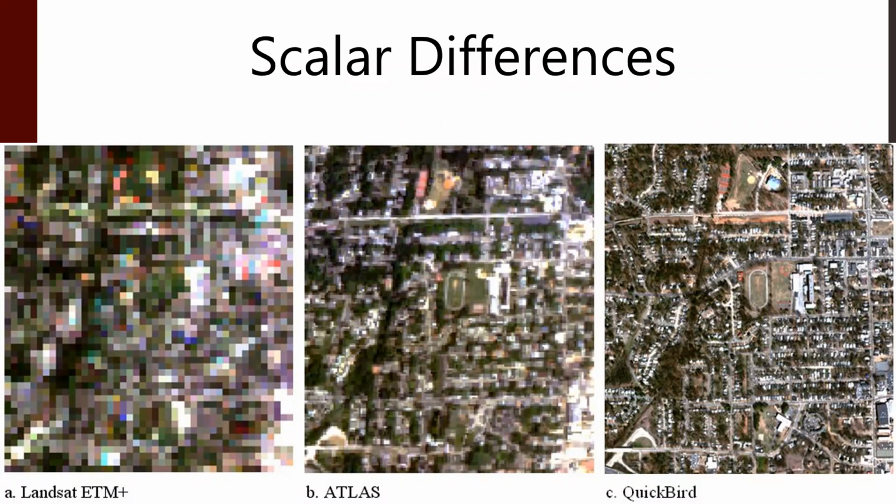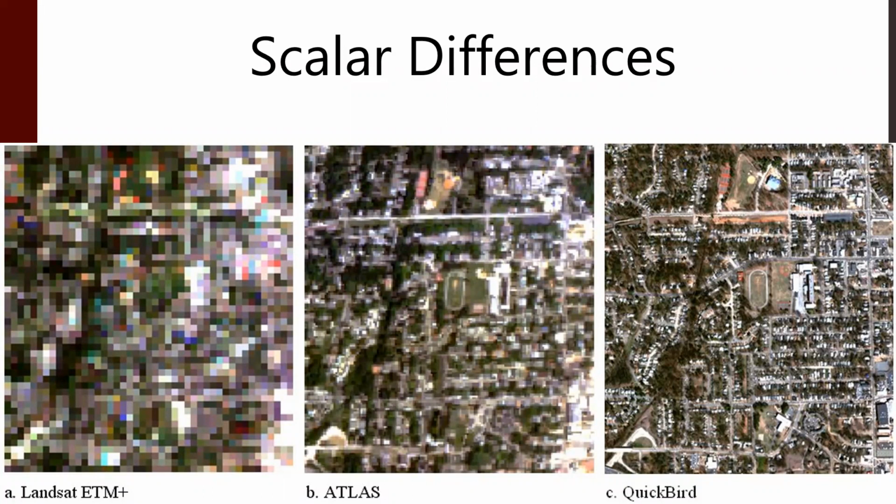So they have little, kind of like we saw earlier, red, green, and blue layers or red, green, and blue sensors, which you can then combine to form images. So we've got Landsat, the thematic mapper plus. We've got Atlas and we've got QuickBird.